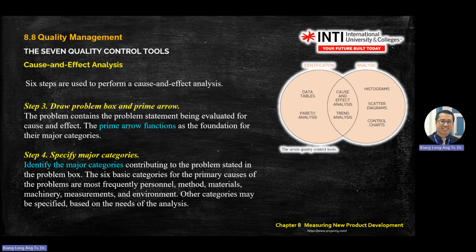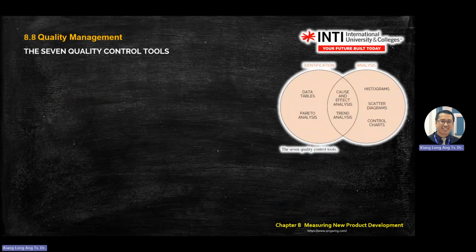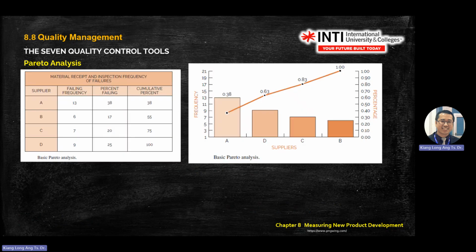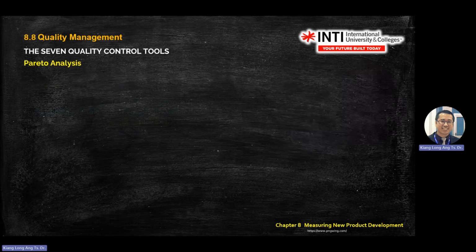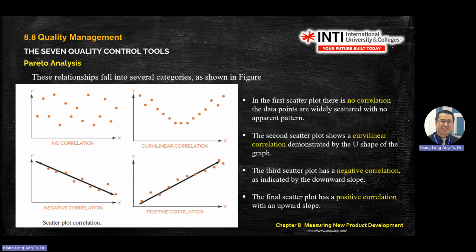So this one you have seen before, the cause and effect analysis, histogram, Pareto. Okay, so these are the correlations that you need to know how to elaborate in your graph if you do a report.